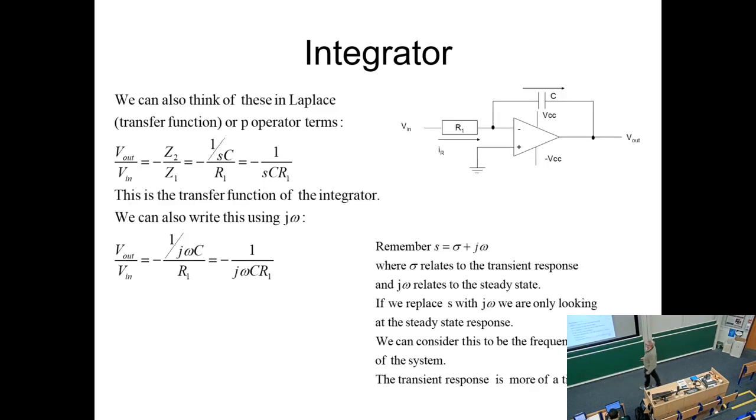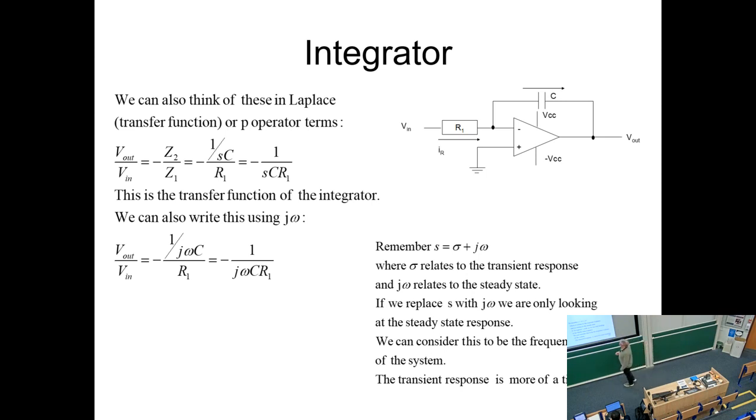So we can also think of these in Laplace terms, or impedance terms, if you like. We go back to our beginning, and we can say V out over V in equals minus Z2 over Z1. Another way of describing the impedance of the capacitor is 1 over J omega C, or in the steady state form we can replace the J omega with S or P, whichever you want to do.